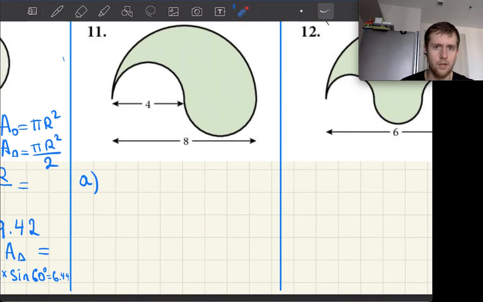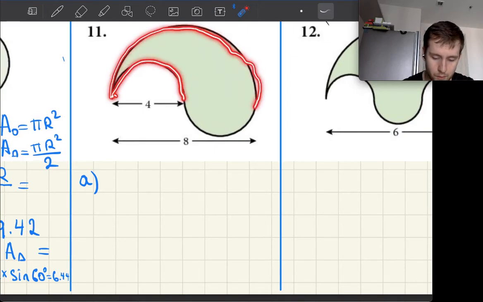And to find the area is going to be quite an easy task, but to find the perimeter is going to be a bit more complicated. So the perimeter of the shape actually consists of 3 parts. It's this half circumference, then this half circumference, and this half circumference.